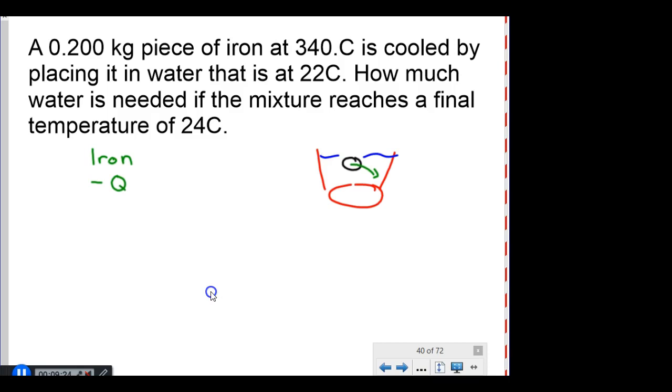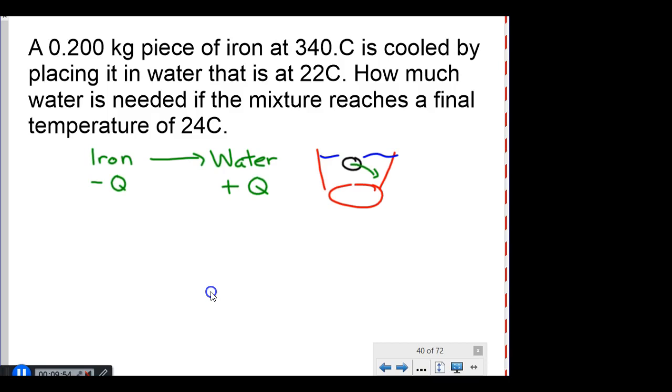Because it's the loser. Water is going to be absorbing the heat. It could absorb so much heat that sometimes that water would start boiling and steaming when they would put the metal item into the bucket of water. All right, so the iron is transferring the heat to the water.